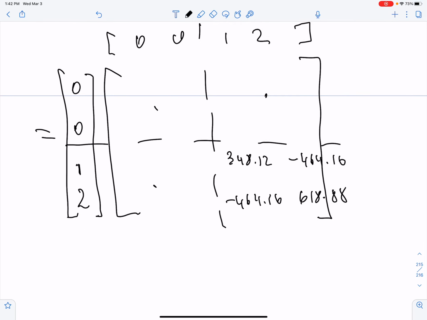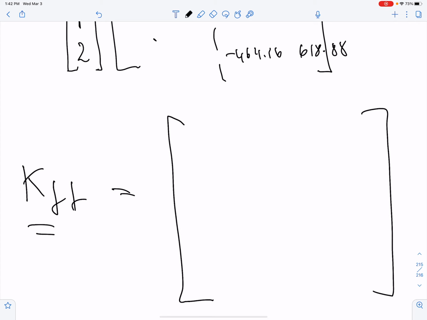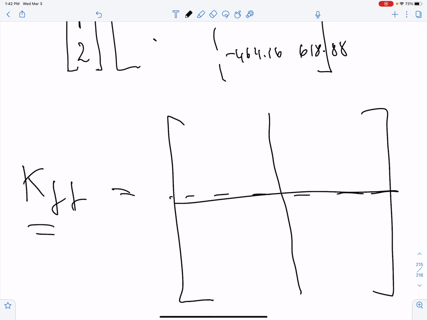So if we look at the structure of KFF, it's going to be a simple 2 by 2 matrix, like that. Okay. And so from the first element, we get 3,48.12, 4,64.16, 4,64.16, and 6,18.88, okay, from the first element.